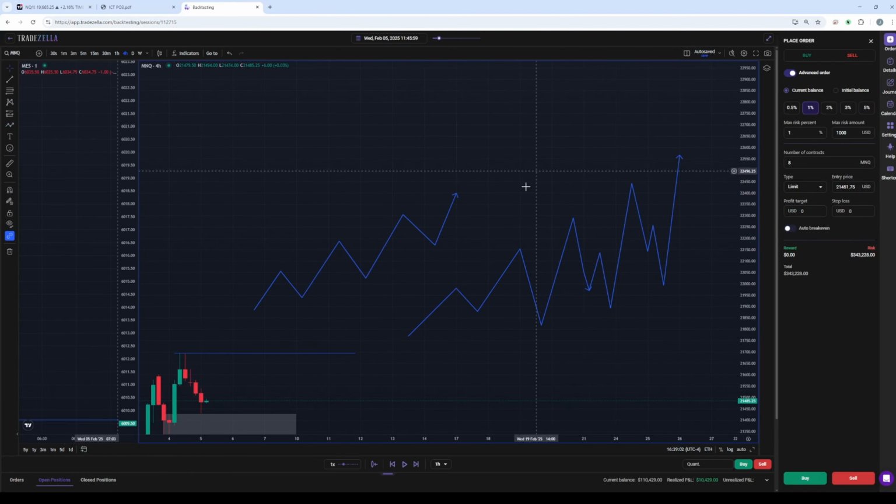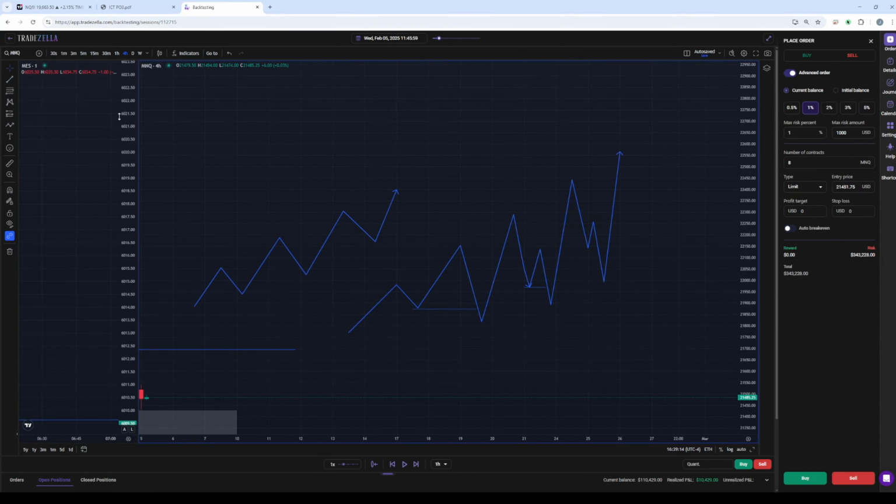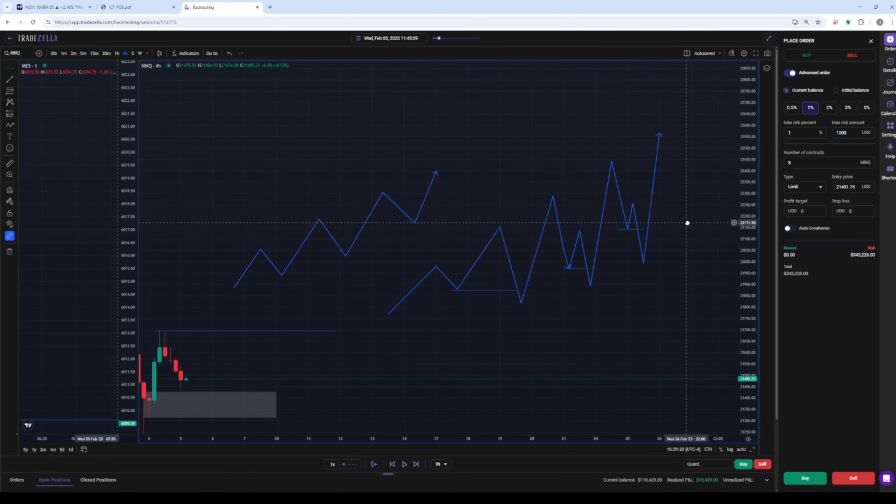ICT takes principles off this. This is a low, it gets taken, these stops get raided, then we push to the upside. This is another low, it gets raided, then we push to the upside. This is a low, it gets raided, then we distribute to the upside. So that's what a normal person would see, what it actually works like, and how you take the most out of it with ICT.